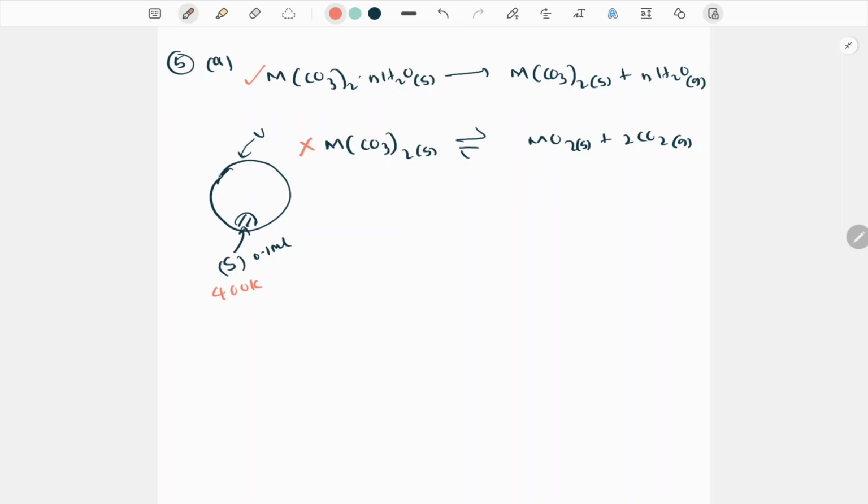We can consider the volume of the gas distributed in the container as the volume V. The volume taken by the crystalline solid or the metal carbonate can be considered negligible compared to the volume V. Otherwise, this value should be subtracted from the volume of the container.